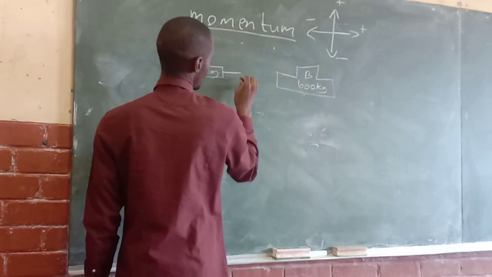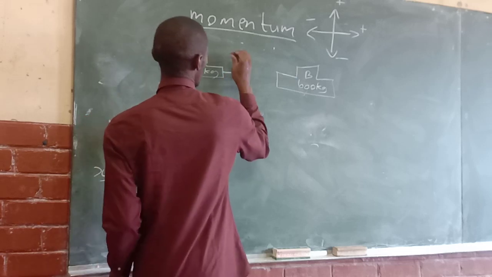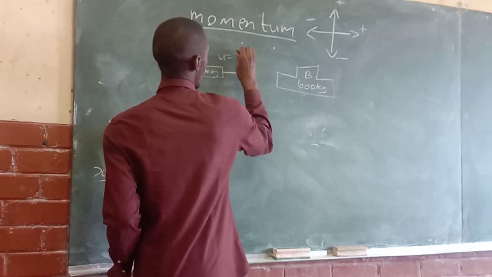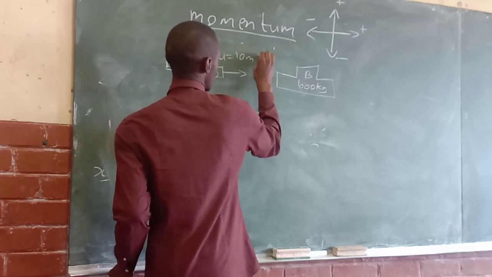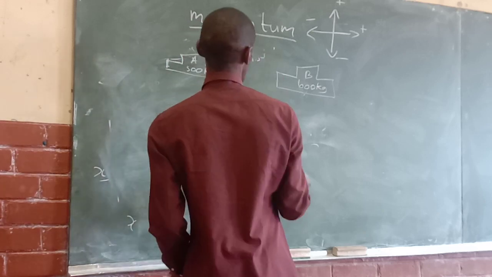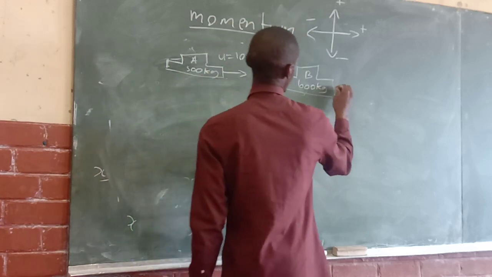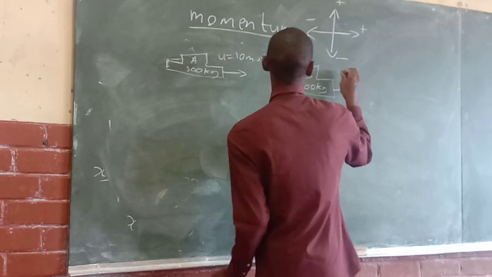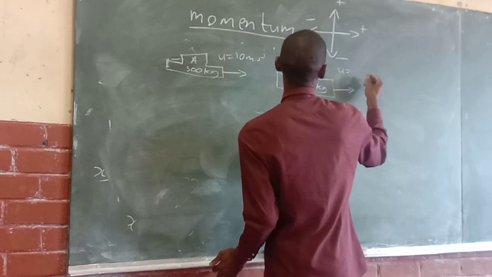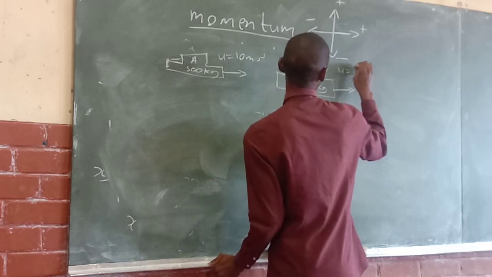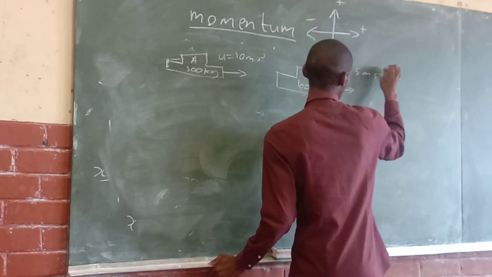The first car is traveling towards the right with an initial velocity of 10 meters per second. The second one is also traveling towards the right with an initial velocity of, let's just say, 5 meters per second.